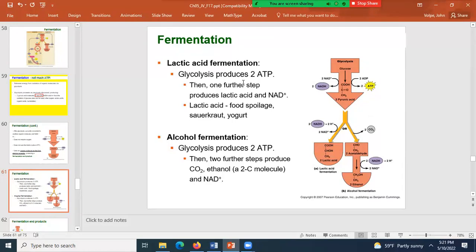Many fermentation reactions perform lactic acid fermentation, like making yogurt and sauerkraut.